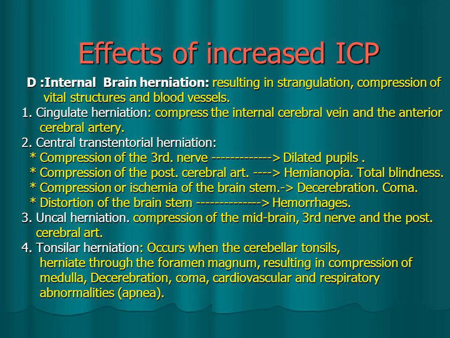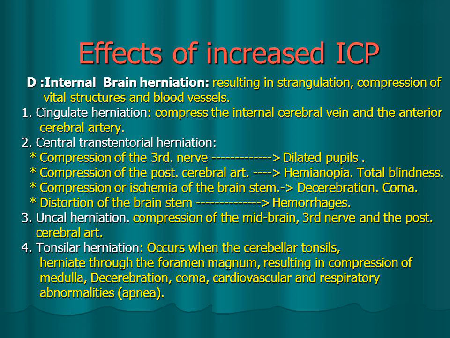Effects of increased ICP. D. Internal brain herniation, resulting in strangulation and compression of vital structures and blood vessels. 1. Cingulate herniation: compresses the internal cerebral vein and the anterior cerebral artery. 2.